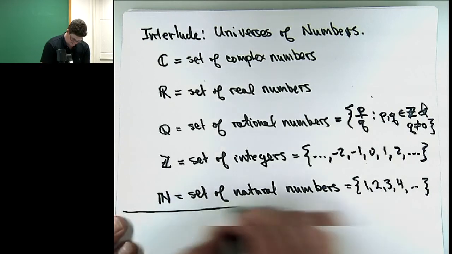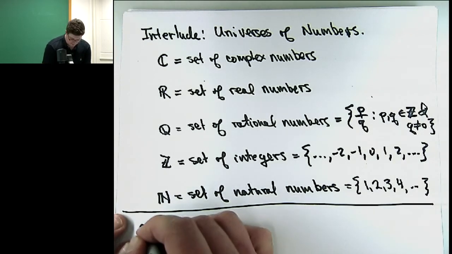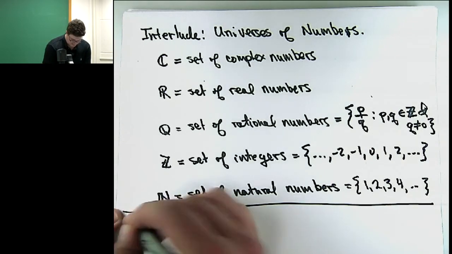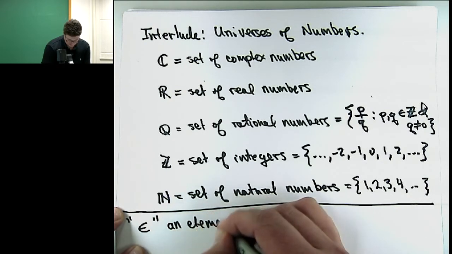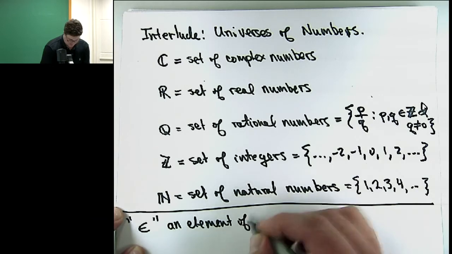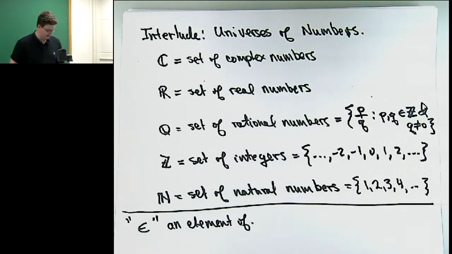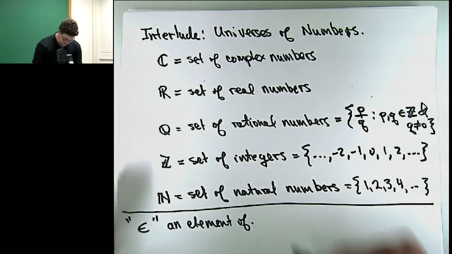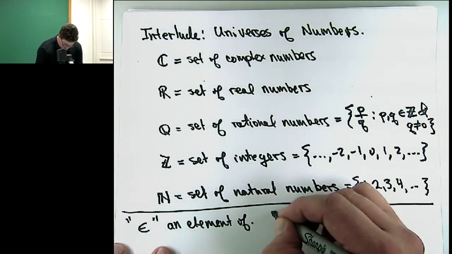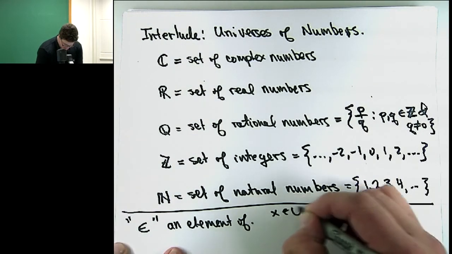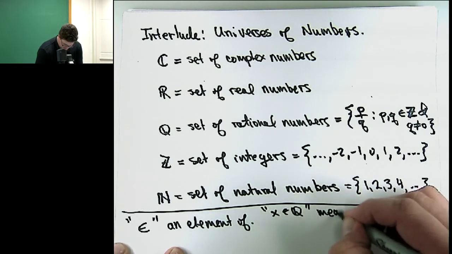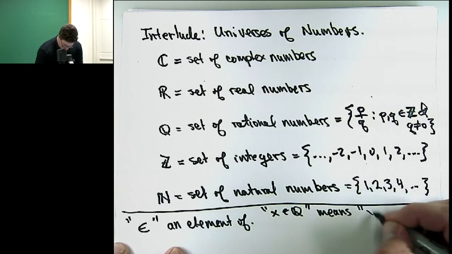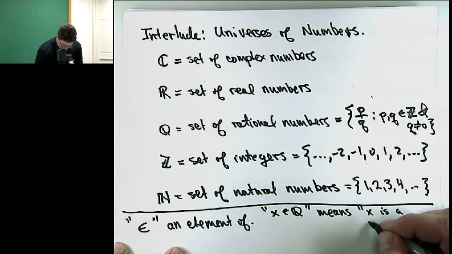This symbol here means an element of. We'll see a lot more of this. So X, an element of Q, means, this sentence means X is a rational number.